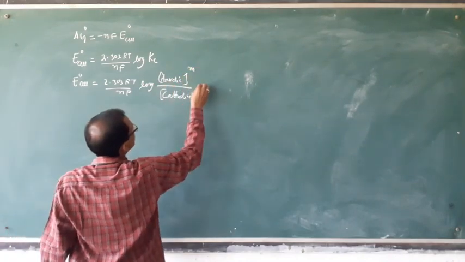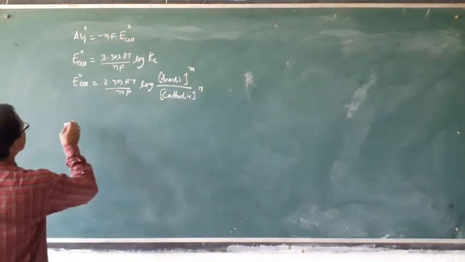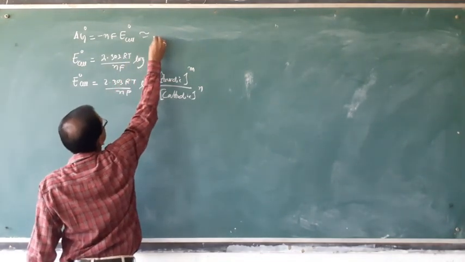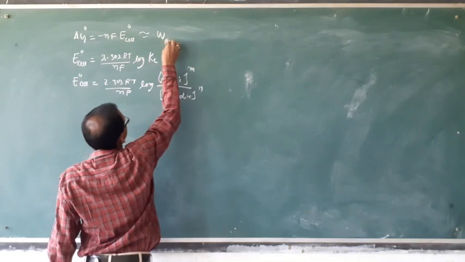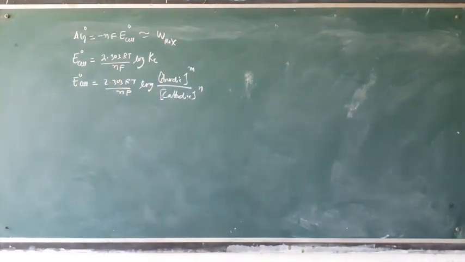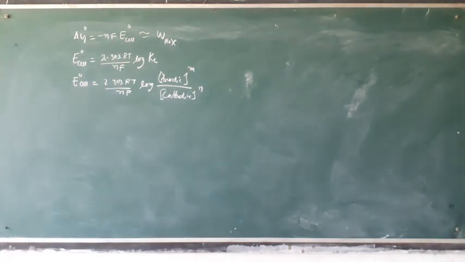Already you know this derivation. So this is the del G value and the E naught value, and the efficiency of the cell. This is also equivalent to maximum work done. If maximum work done is asked, you can calculate this value from the E naught cell value and nF value.